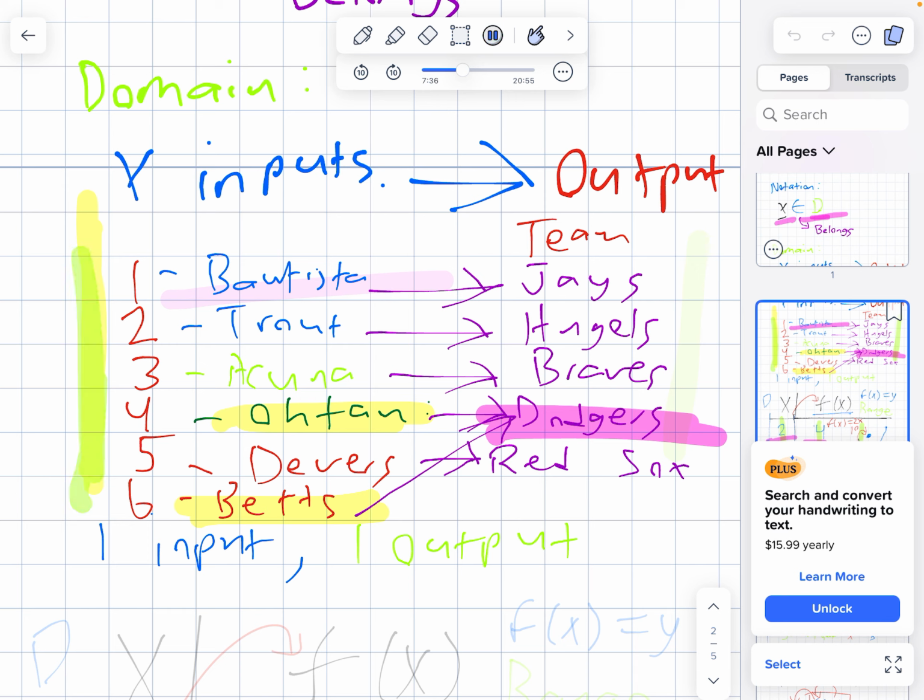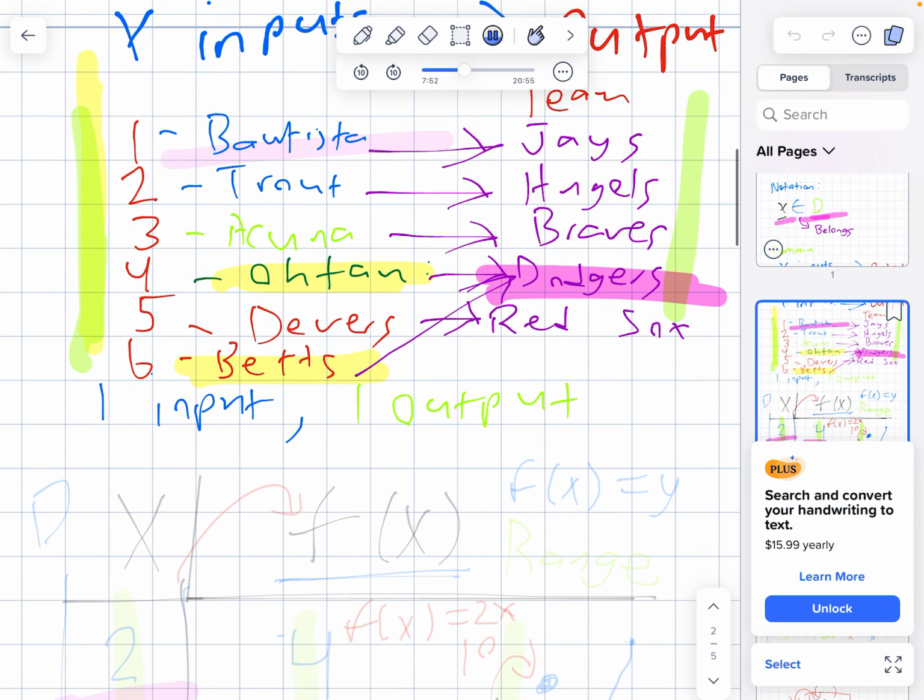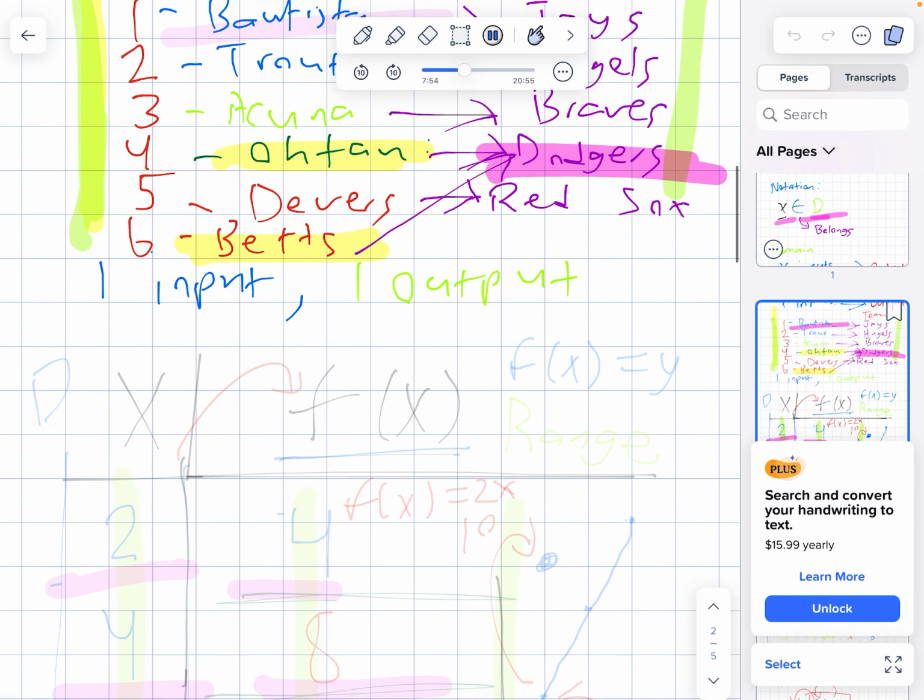D of F. Now let's take a look at what this looks like when we add some numbers. Shall I give you some more numbers or shall I give you some more notation? Let's go with numbers.